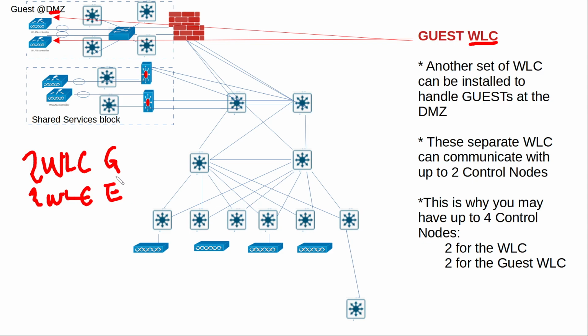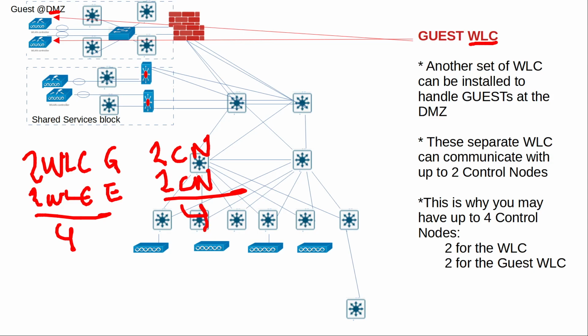And at the same time, you will need 2 control nodes for your guest traffic and 2 control nodes for your enterprise traffic. So you will need at least 4 wireless LAN controllers and 4 control nodes.